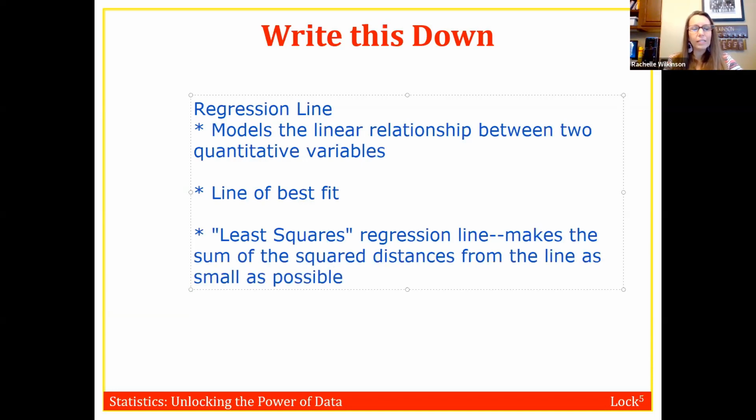So again, all we're really saying here is it fits the data really well, and even though it has a complicated sounding explanation, one of the reasons why we actually like the least squares method is because it does have a pretty simple way to come up with the parameters for the line. And in our class, it's going to be even easier. We're not even going to use the formula to come up with the parameters for the line. We're actually just going to use software like StatKey to come up with the different values for our model anyway.